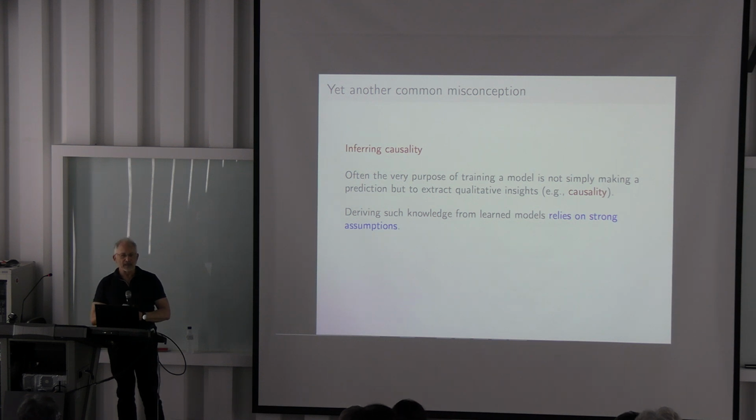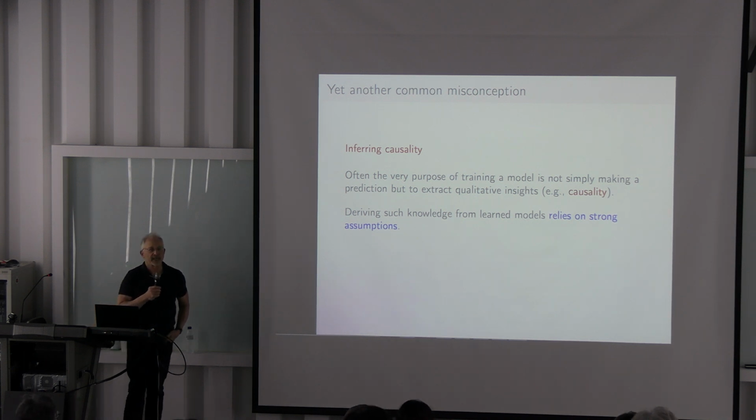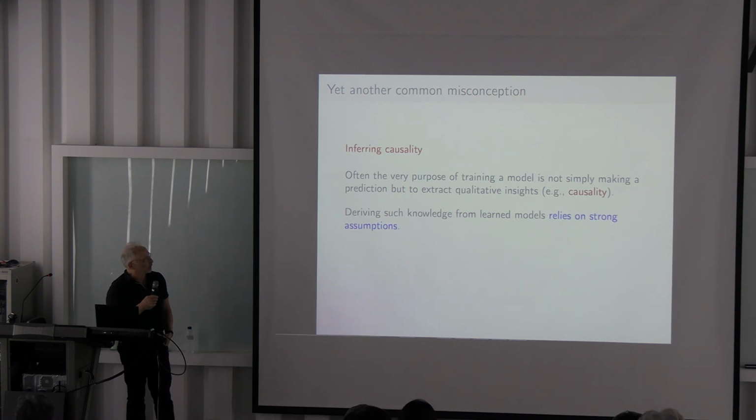One thing I want to mention is that it's often the case that we use machine learning tools to infer causality, to understand why something happened, what caused it. I'm not going into causality now, but just a warning: causality is a very complicated issue. We can model it mathematically only if we base it on very strong assumptions.